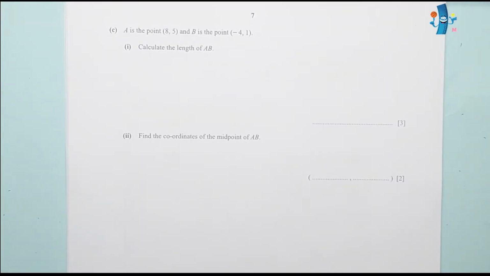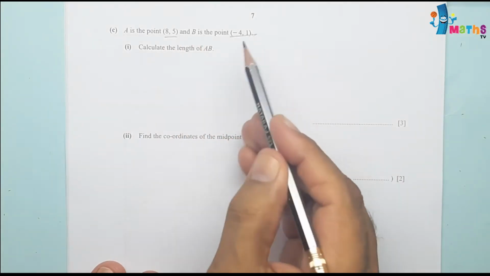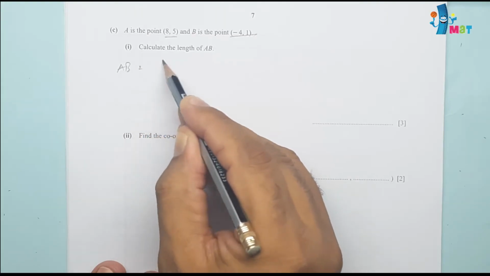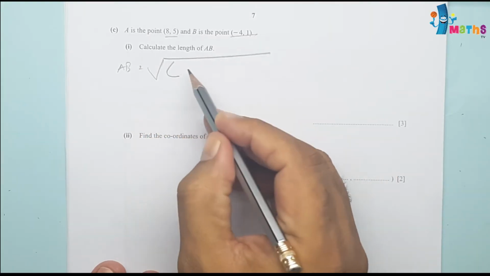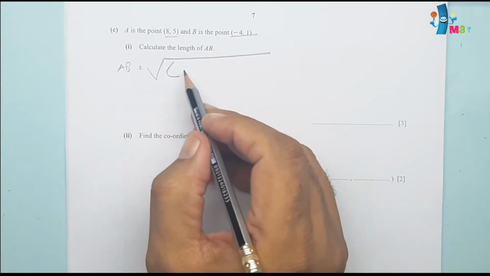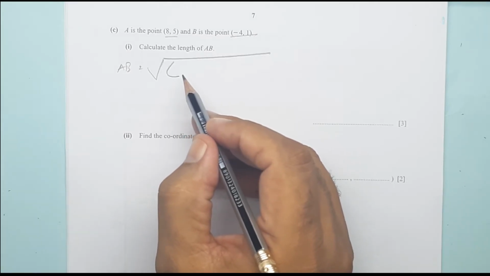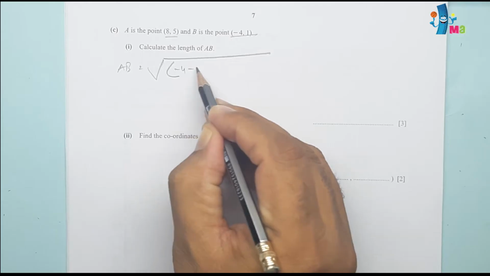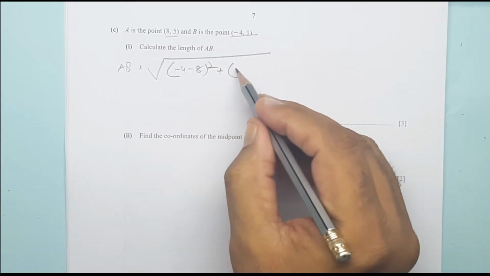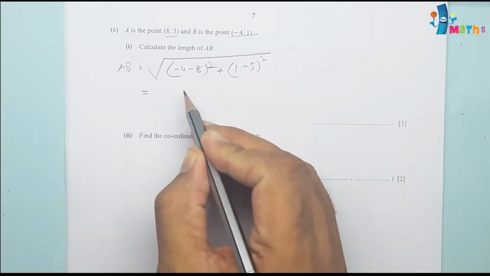C part: A is the point, this is the point, and B is this point. Calculate the length of AB. And the AB length we know is equal to what? This one: square root of (x2 minus x1) squared, which is (minus 4 minus 8) squared, plus (y2 minus y1) squared, so (1 minus 5) squared.